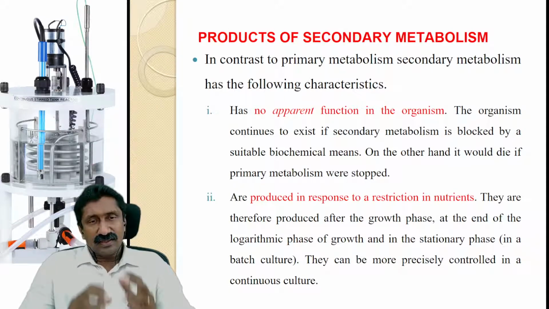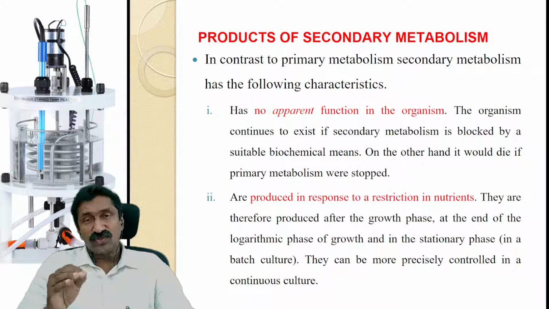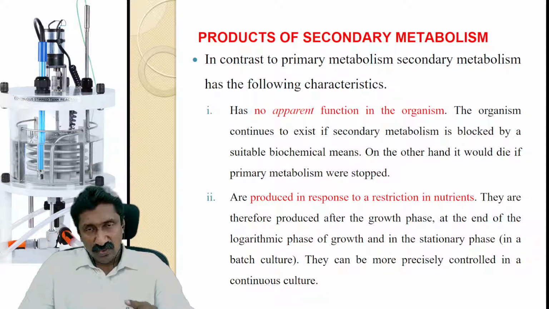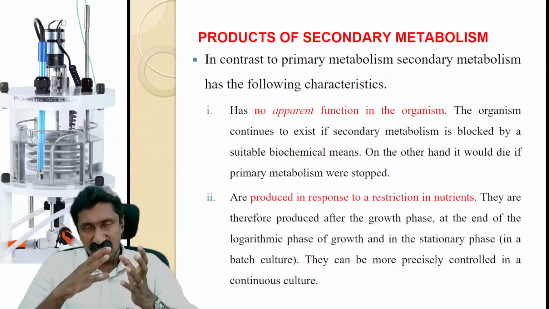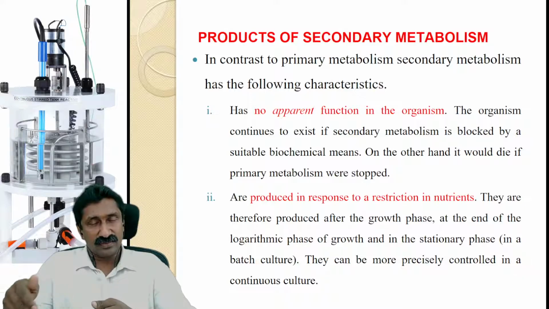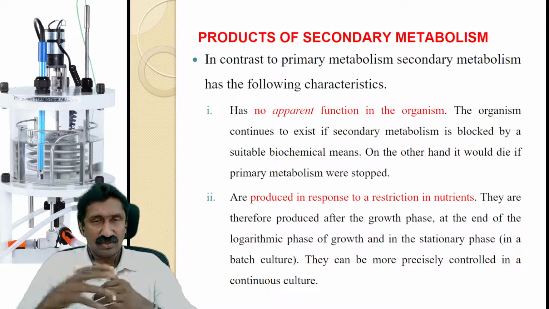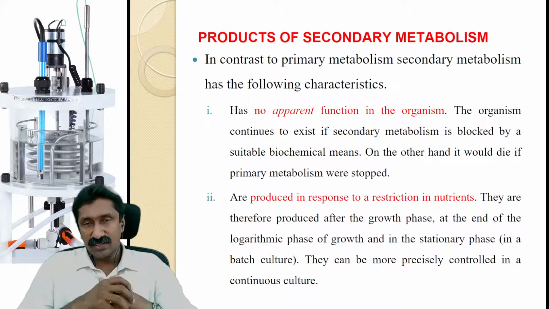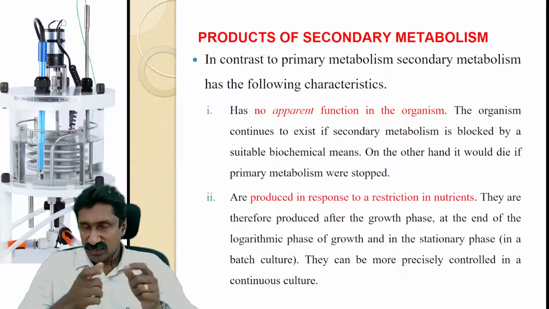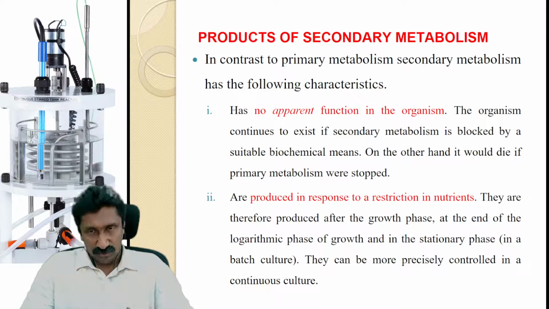Then secondary metabolites are produced in response to restriction in nutrients. That's also discussed in the previous slides, because when the nutrients were depleted and it reaches the decline stage or late idiophase of the growth, then the secondary metabolites will reach their maximum production. So it is produced in response to restriction in nutrients.